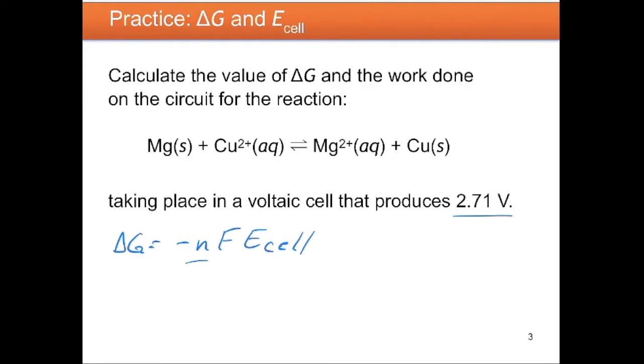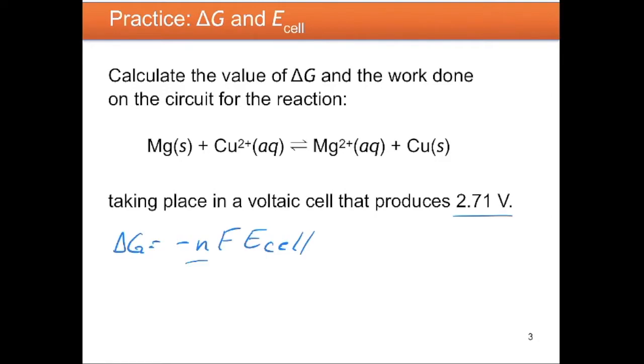Well, for this particular reaction, it's fairly simple because you can look at the products and the reactants and notice that we have two ions. We have a copper 2+ ion and a magnesium 2+ ion. And also remember that when we're talking about redox reactions, we can split an overall reaction up into two half reactions.